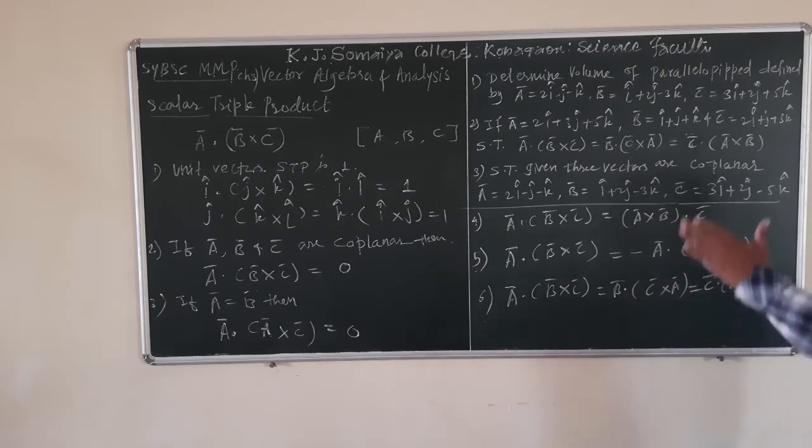Okay, so these are the 6 properties of scalar triple product.